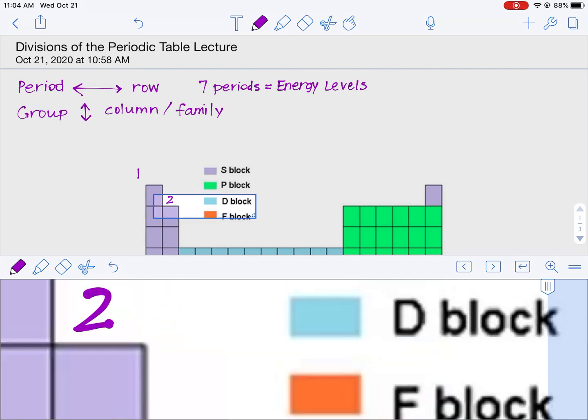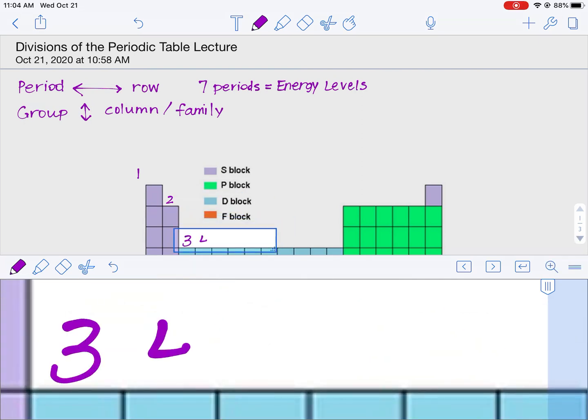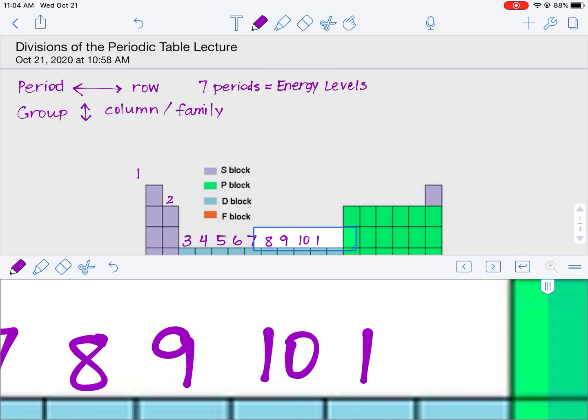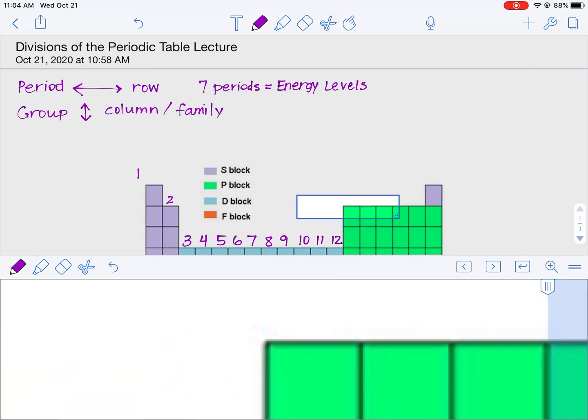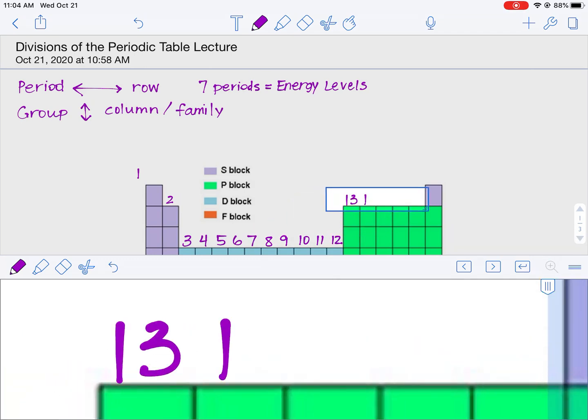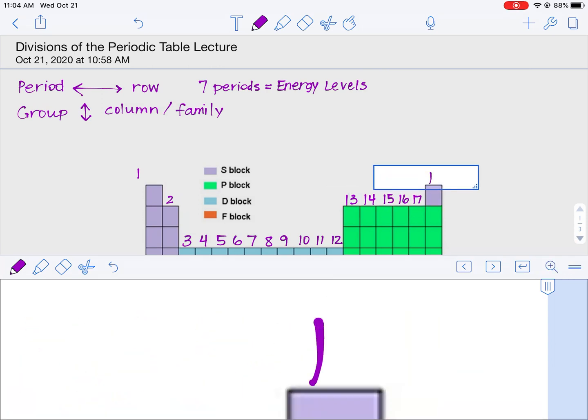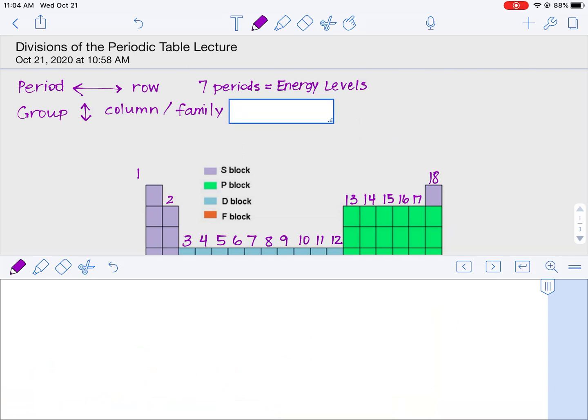If we are to count, there are a total of 1, 2, 3, 4, 5, 6, 7, 8, 9, 10, 11, 12, 13, 14, 15, 16, 17, 18 groups on the periodic table.